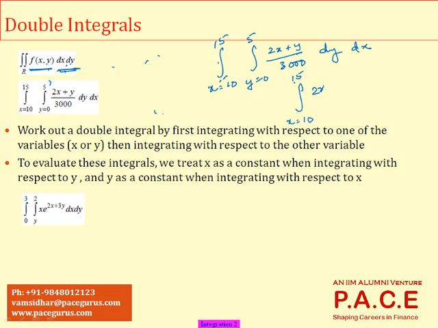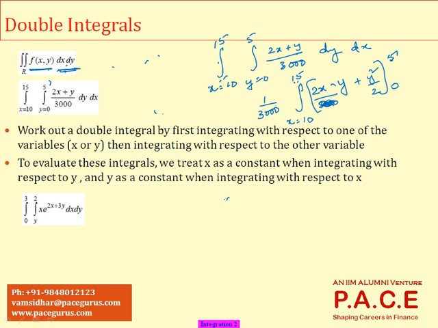So the entire 2x plus y by 3000, or probably I'll take the 3000 out to make things easier. So 2x is a constant here. So if I integrate it with respect to y, it becomes 2xy. And plus y, if I integrate it with respect to y, it becomes y squared by 2. I integrate it between 5 and 0.